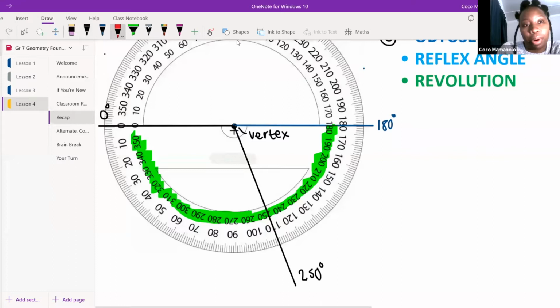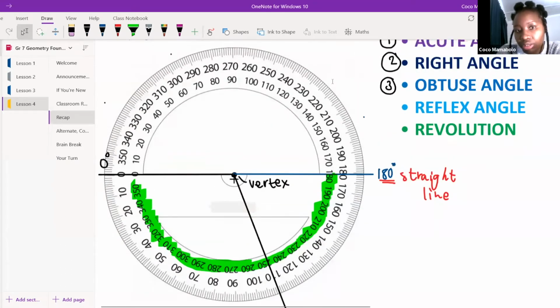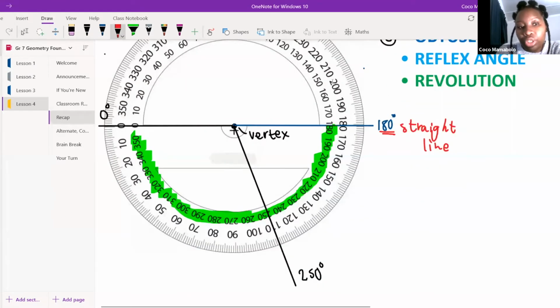Let me tell you what the problem is. I can choose any angle between 180, but I can't choose 180 because 180 is a straight line, right? At 180, yes, we call it a straight line. Just like at 90 degrees, we called it a right angle. So if I want to choose a reflex angle, I can choose anything right up until 359 degrees.